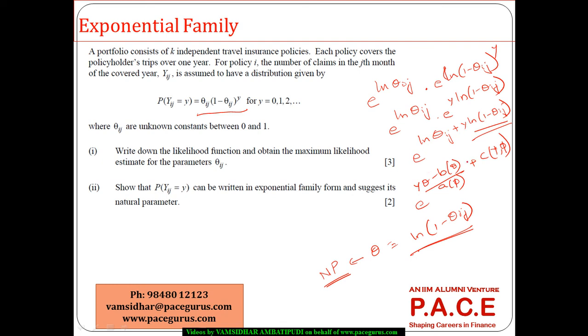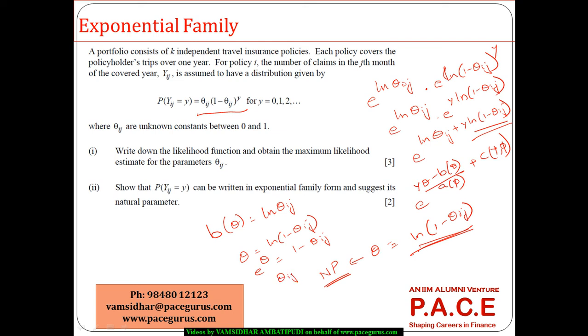And if required, minus b of theta, I can think of. Because there is a b, if I have to bring out minus b of theta, now that I know this is the theta, b of theta should be log theta ij. So theta is log 1 minus theta ij. I can say e power theta is equal to 1 minus theta ij.